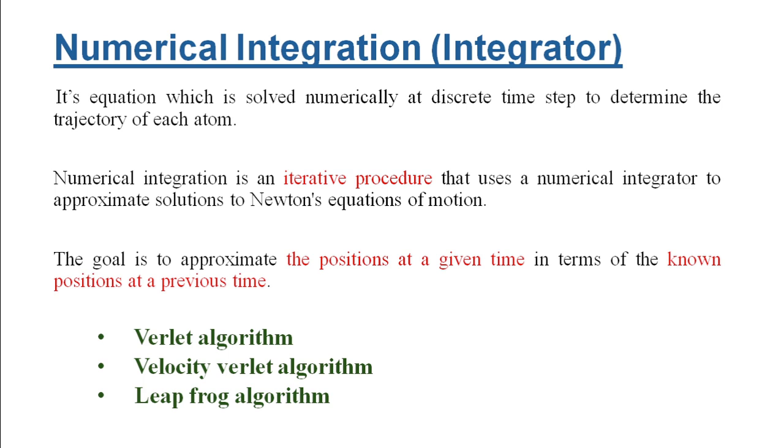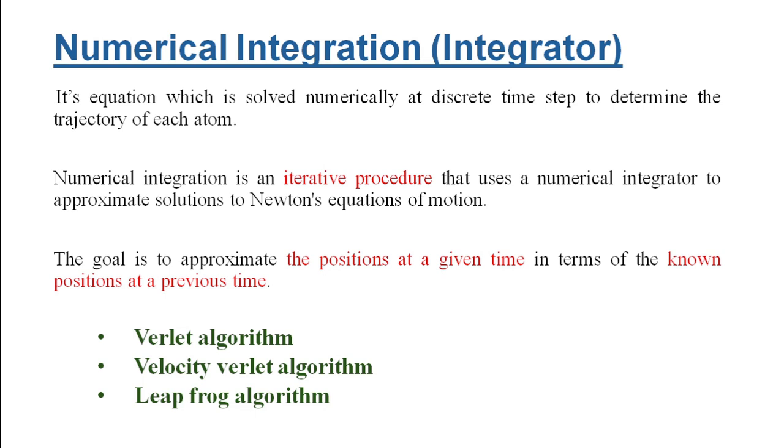If the molecule size is very large, suppose in the case of a protein molecule, several atoms will be there along with water molecules, more than 10 lakh atoms. So for each atom we have to calculate or integrate. The Verlet algorithm, velocity Verlet algorithm or leapfrog algorithm are numerical integrators.